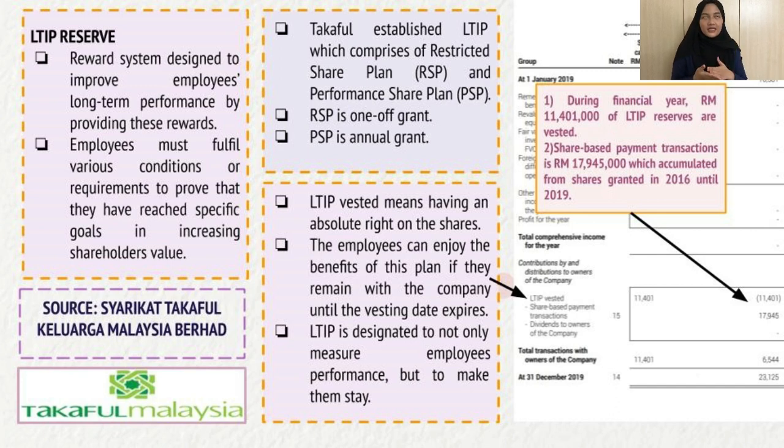RSP is a one-off grant, while PSP is an annual grant. If you can see on my right side of this statement, it stated that during the financial year, RM 11,041 million of LTIP reserve are vested.